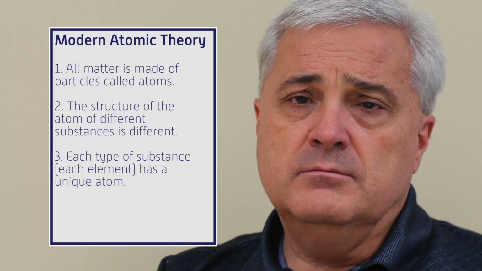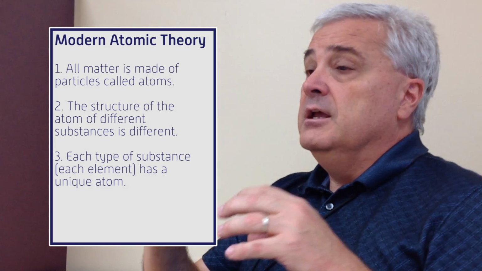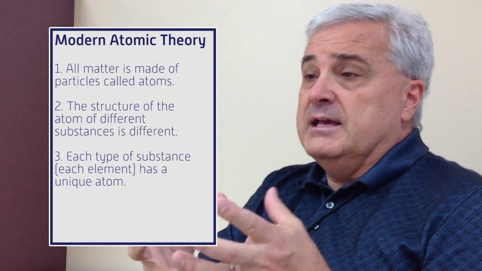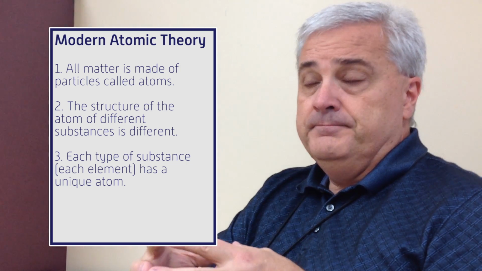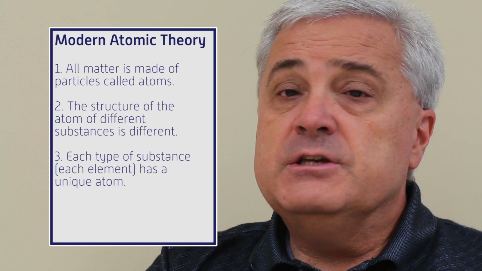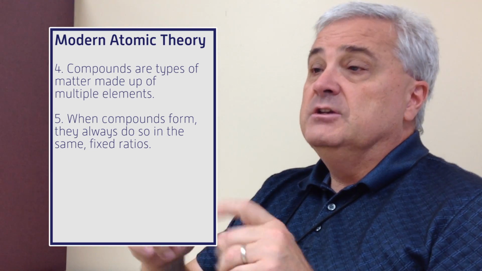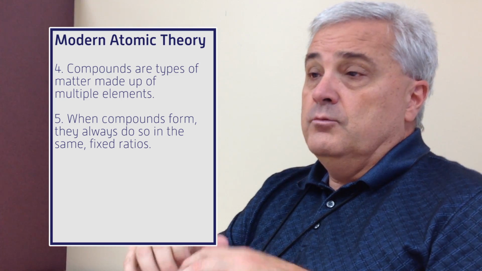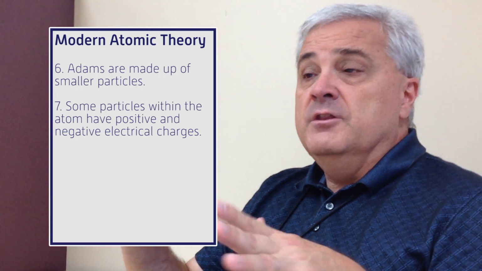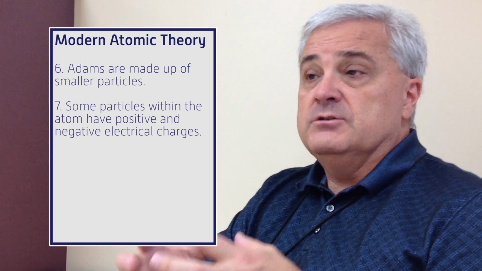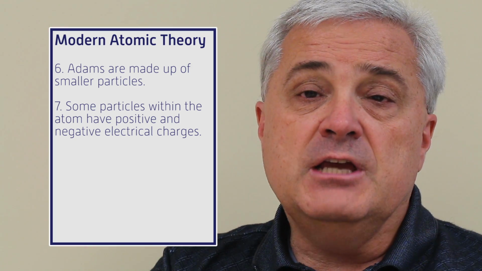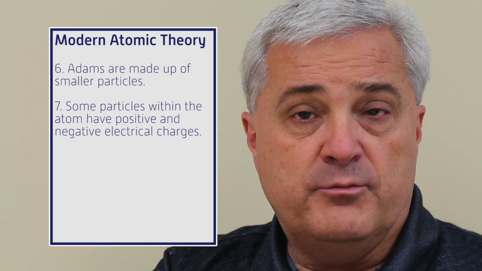And so in that modern model, to quickly reiterate, every element has its own unique atom, and the configuration of that atom is specific to each element. We will learn later that the number of protons identifies which element it is. So each element has an atom with a different number of protons.